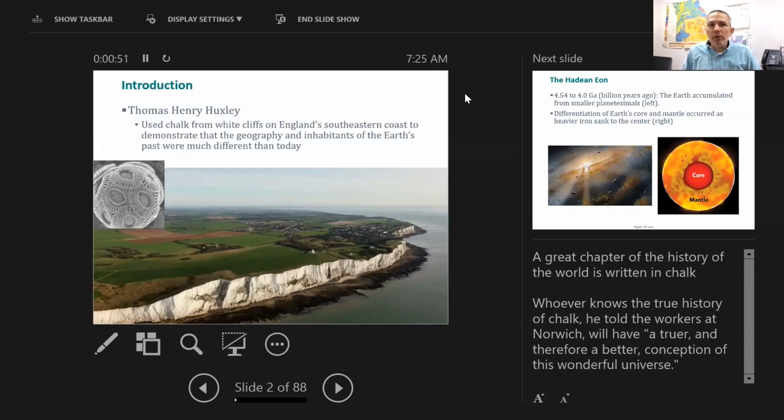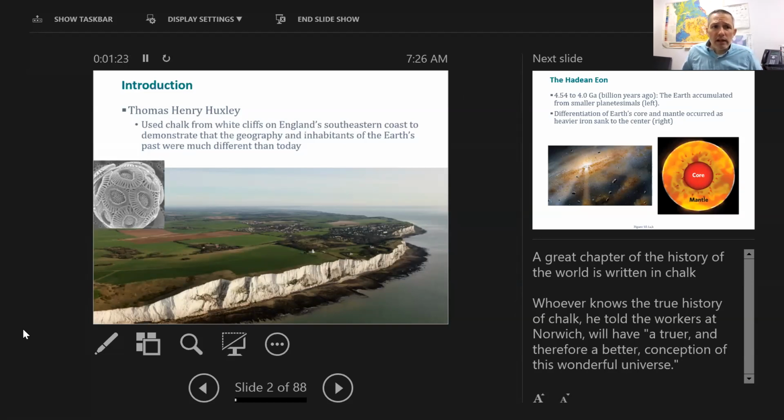But Thomas Huxley had the advantage of using a microscope, and he told his workers that if we know the true history of chalk, we will have a truer and therefore better conception of the wonderful universe around us. So he's looking at chalk, and there's a lot of information that can be gleaned from these little bits of chalk.